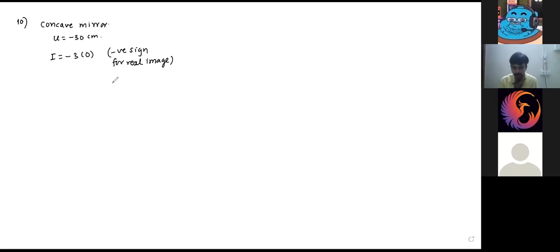So from this, what they want, find the focal length, फिर position of image, right?